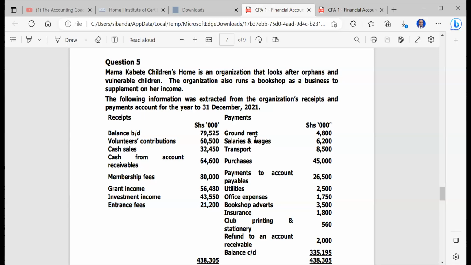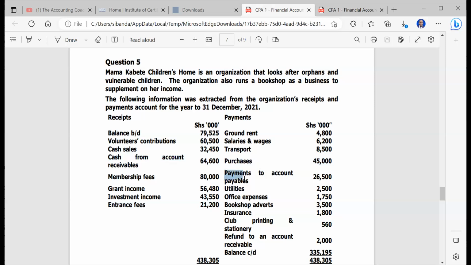Then ground rent, of course, they are paying ground rent. They also have staff salaries and wages. They have transport, they have purchases. Now, again, these purchases are related to the bookshop, because remember what I talked about purchases? I said purchases are items that are bought for resale. So that is good to note.